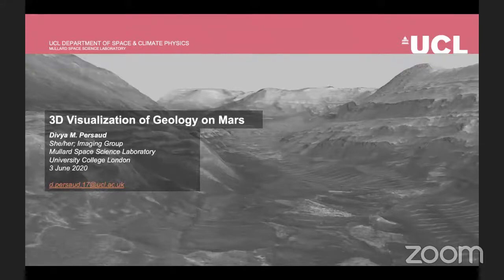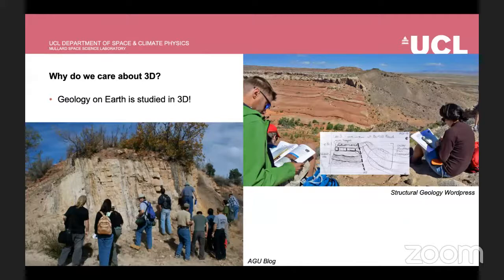So today I'm going to be talking to you about 3D visualization of geology on Mars. So just speaking as a geologist, what does planetary geology even mean? Normally on Earth, when we study geology, we go out to a field of interest.